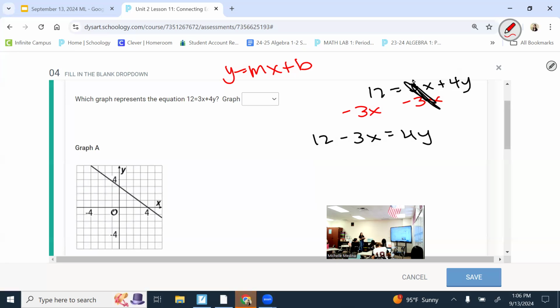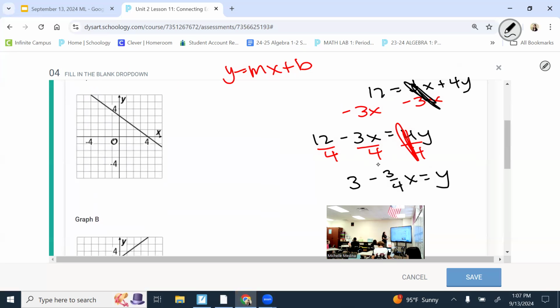What's the opposite of multiplying by 4? So there we go, divide each side. And don't forget that you're dividing each term, which we did in our warm-up today. What's 12 divided by 4? 3. And then this slope can stay a fraction. That's actually, I think, easier to understand than decimals. So we can rule out between graphs A, B, and C.